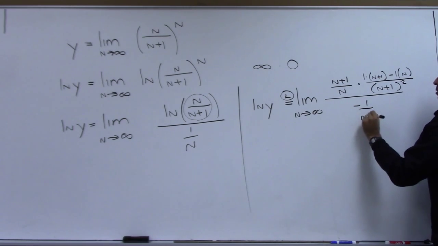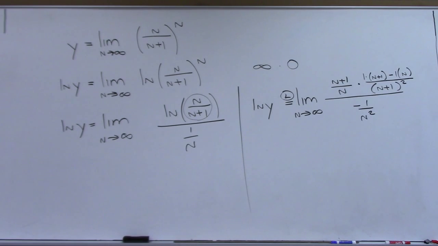Negative 1 over n squared. Do you understand what I'm doing? It doesn't look very nice, does it?